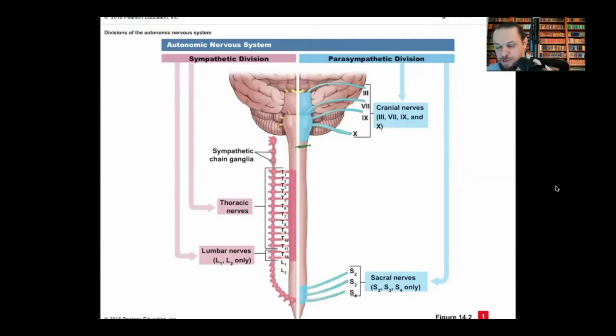So the reason you do this, right? Imagine he has an injury to the thoracic or lumbar area, and that was the sympathetic tone. If there's an injury to this portion here, he may lose the sympathetic tone, and he will have unopposed parasympathetic tone.